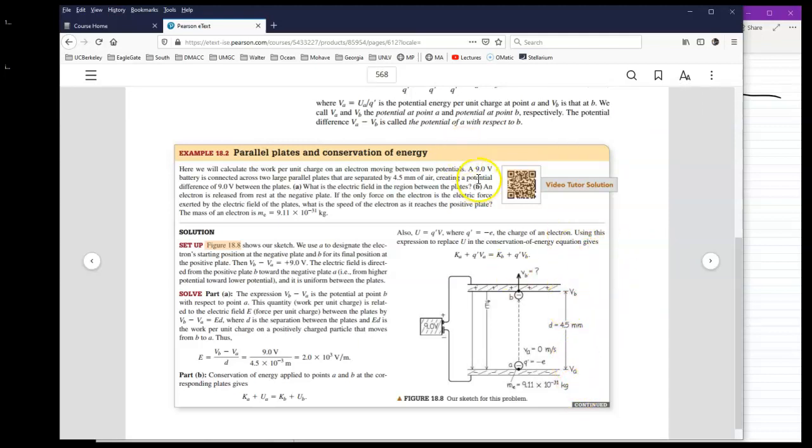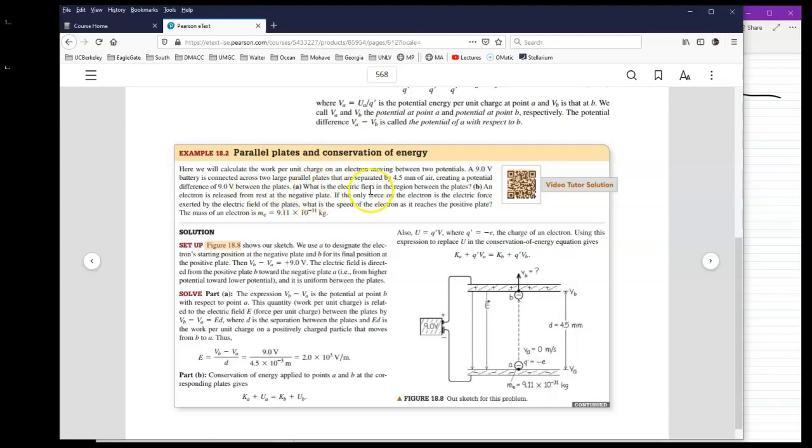So he says a 9-volt battery, just like the battery I showed in my diagram, is connected across two large parallel plates that are separated by 4.5 millimeters of air. This is the separation distance d, the one we just talked about, creating a potential difference of 9 volts. I'll tell you what that means in a second. And there are two questions.